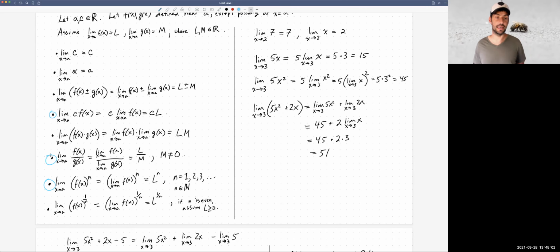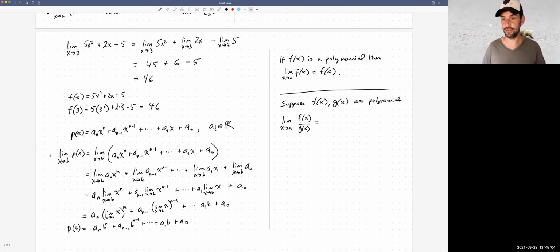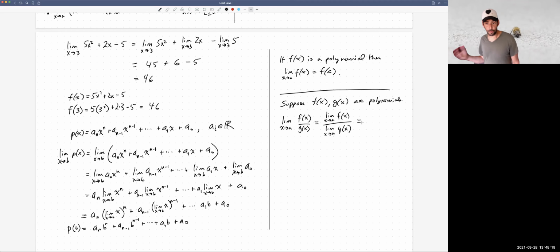We just simply take the quotient of the limits. So we'll have the limit as x goes to a of f of x over the limit as x goes to a of g of x. These are both polynomials. So what does that mean we do? That means we can simply evaluate them.